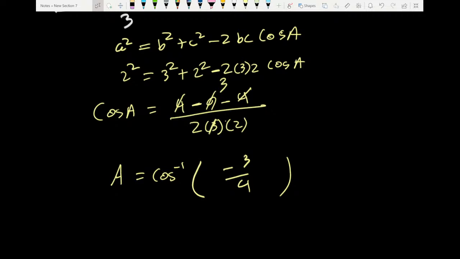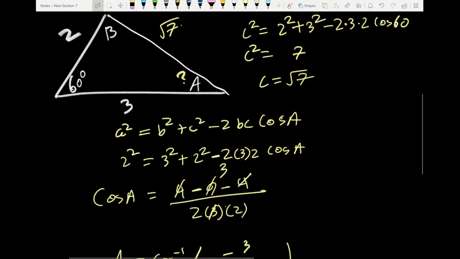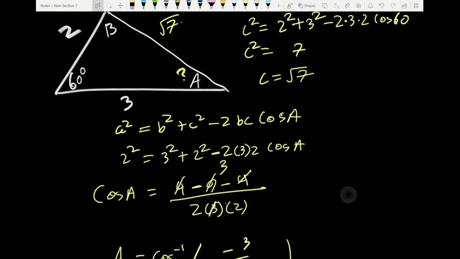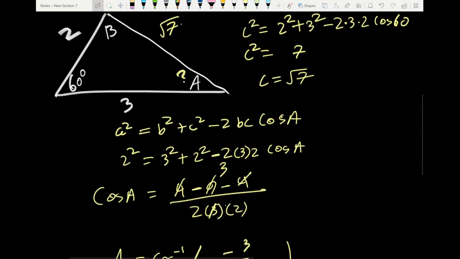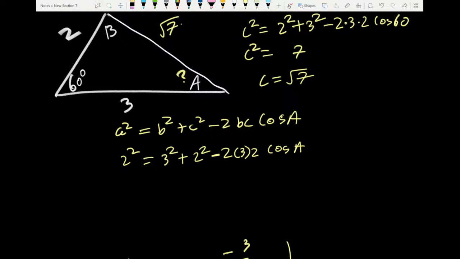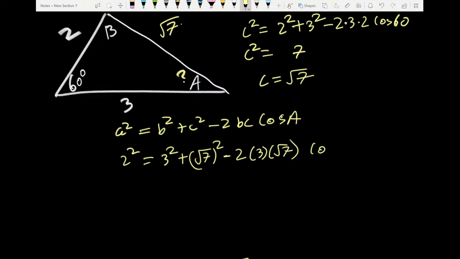Wait, I made a mistake somewhere. I have a mistake right over here. 2 squared should equal 3 squared. There you go. That's the mistake. Square root of 7 squared minus 2 times 3 times square root of 7 cosine of A. Whew. Got that mistake.